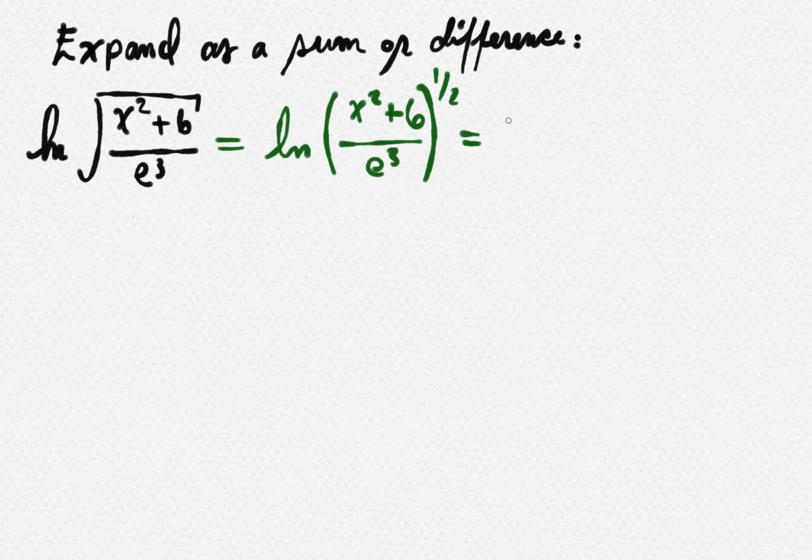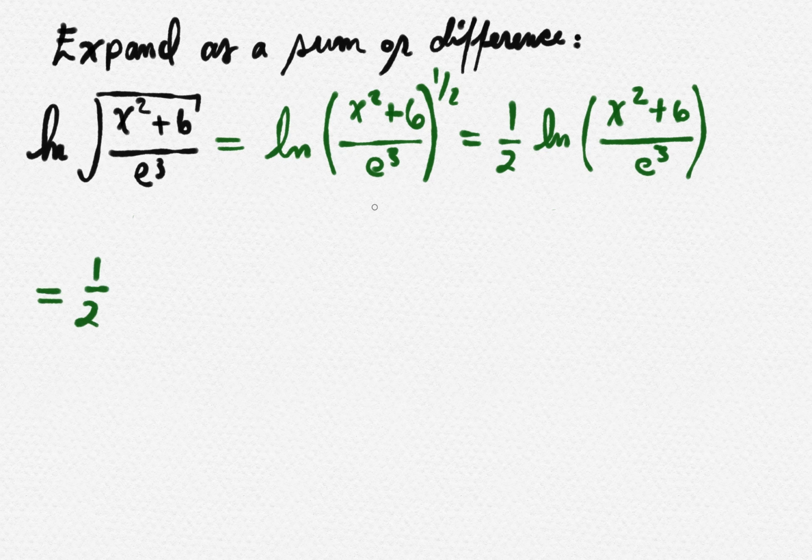And then once again, we'll start by using the power property on this logarithm. So this is going to be 1/2 times the log of x squared plus 6 over e cubed.